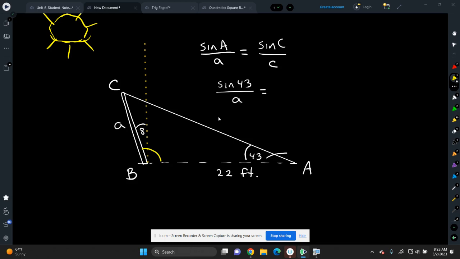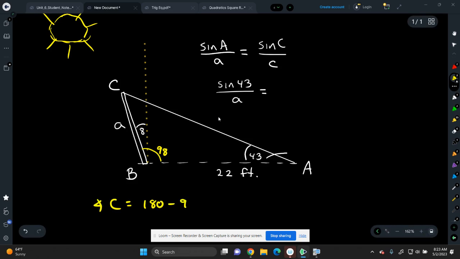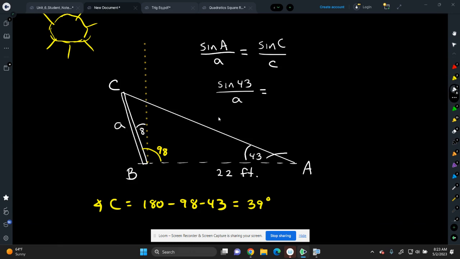Angle B is 98. So now I can find angle C, right? C equals 180 minus 98 minus 43, which comes out to 39 degrees. Okay? You okay? Okay, so now I know angle C is 39 degrees.